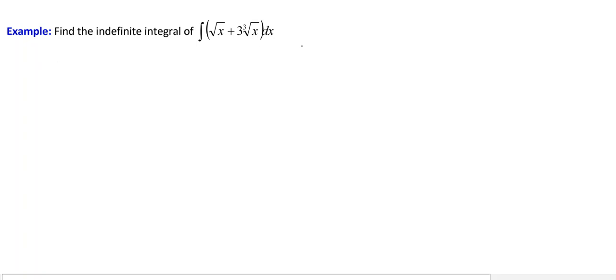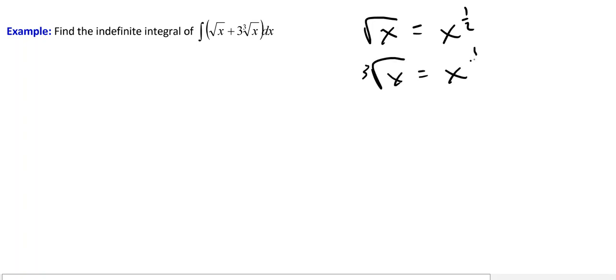So remember we said that square root of x is the same as x to 1/2. And here we have the cube root of x is the same as x to the 1/3. So I'm going to go ahead and rewrite this as the integral of x to the 1/2 plus 3x to the 1/3, put that all in parentheses, dx.